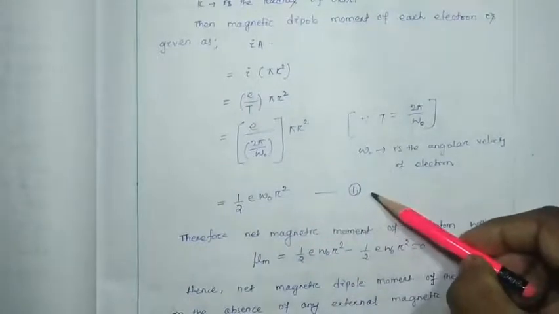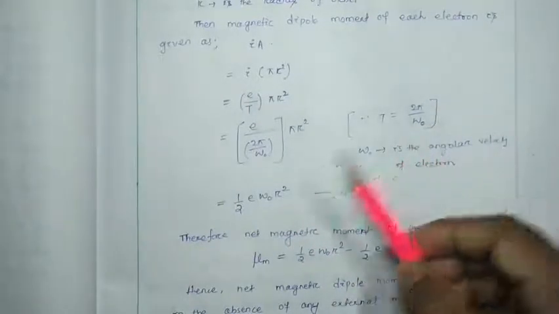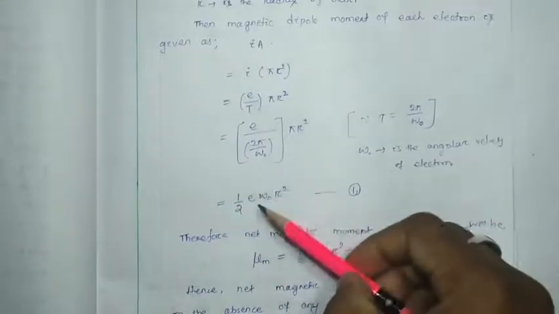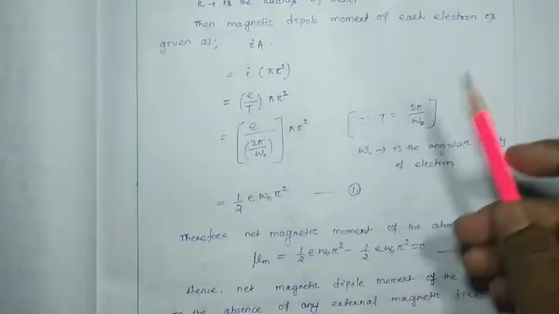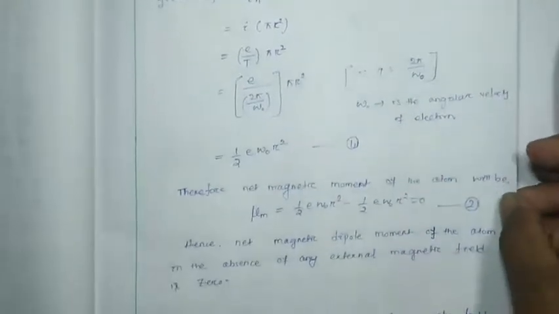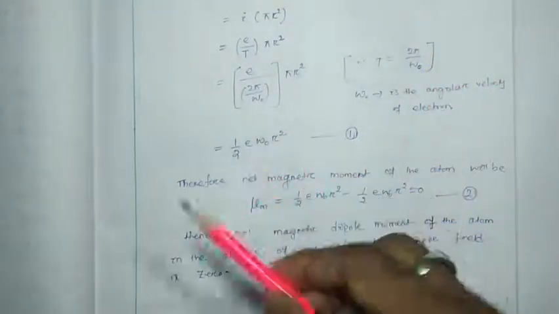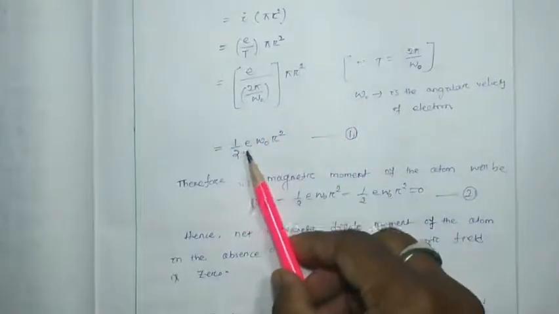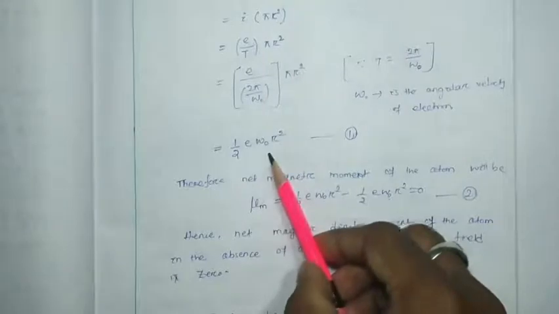Let it be equation number 1. Now if we consider this to be the magnetic dipole moment of the first electron, then for the second electron it will be opposite, so we get minus half e omega 0 r square for the second electron.